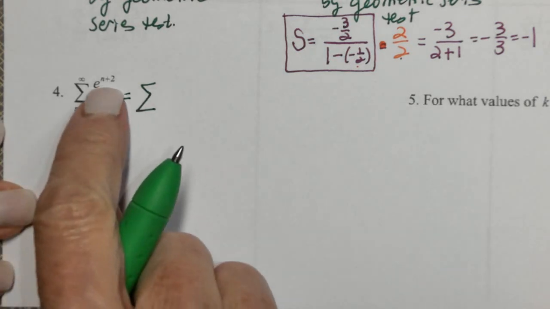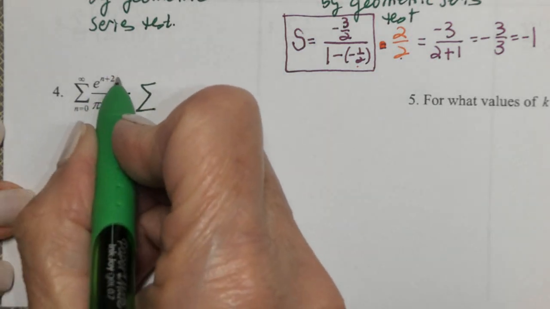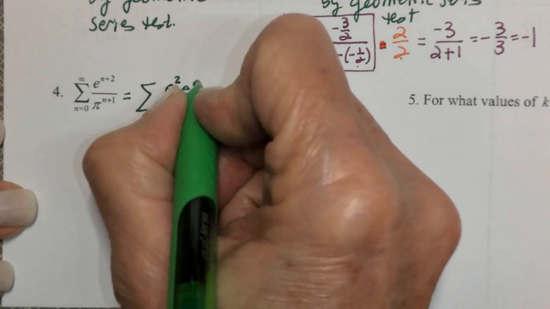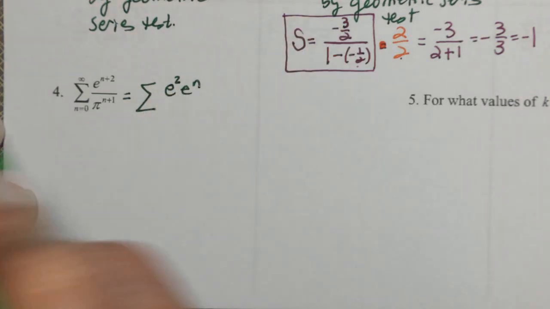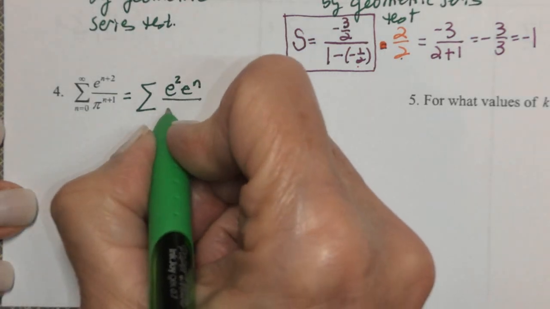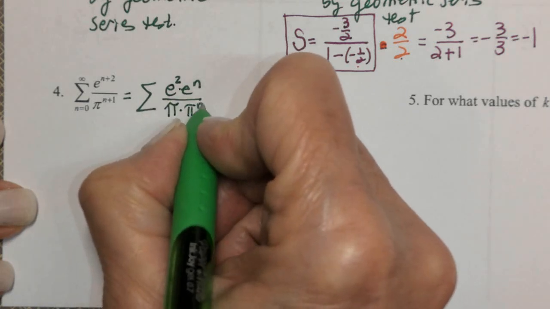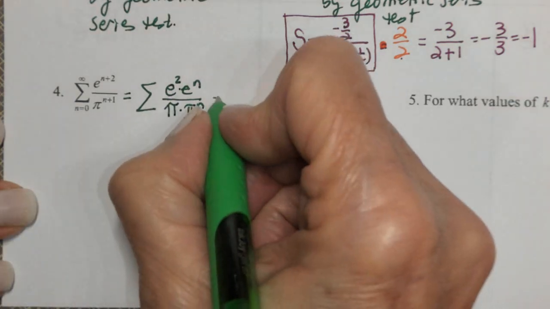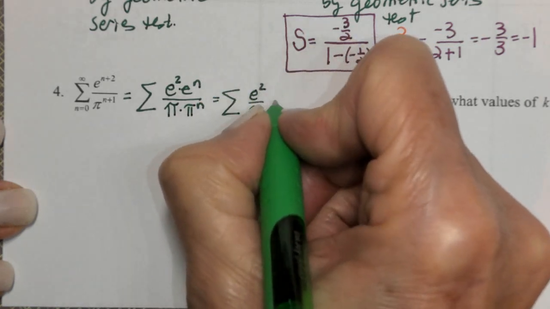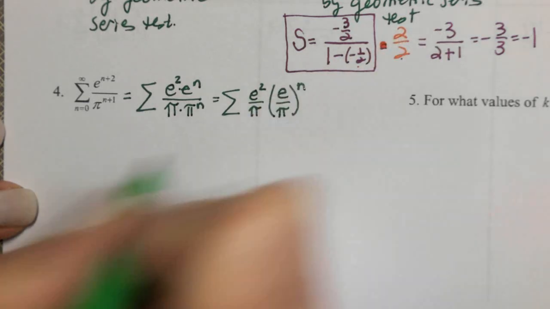I'm going to use the property of exponents that says e to the n plus 2 is e squared times e to the n, because when we have the same bases, we add the powers. On the bottom, this is pi to the first times pi to the n. And this is e squared over pi times e over pi to the n power.